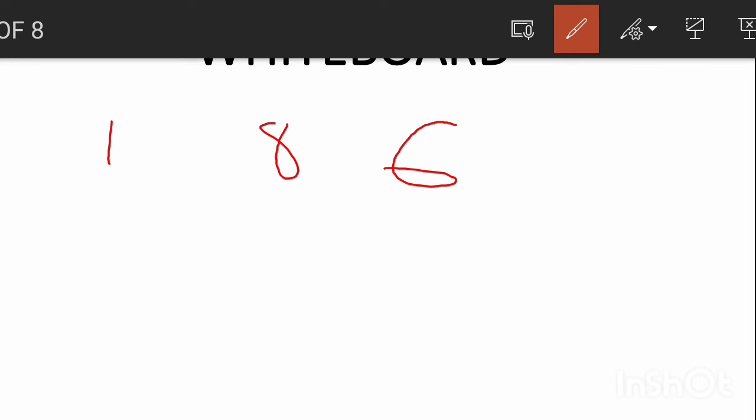Since we have added all of them together, and it's giving us 15, it therefore implies that the sum of each line in the box will give you 15.